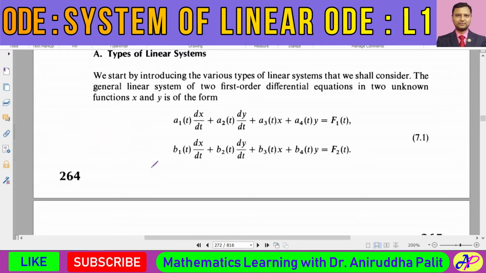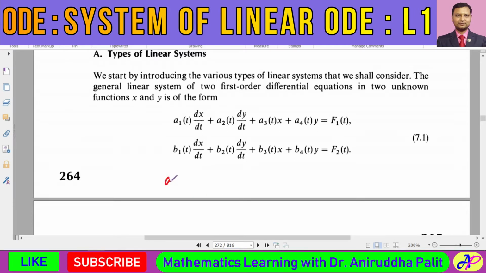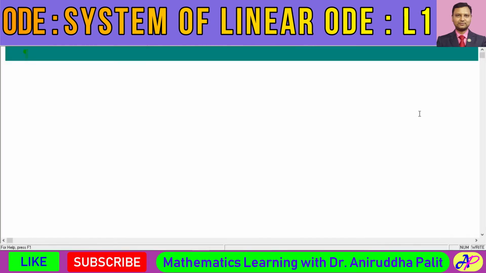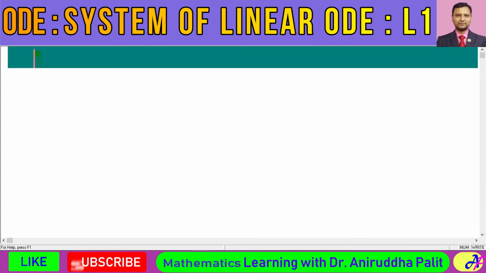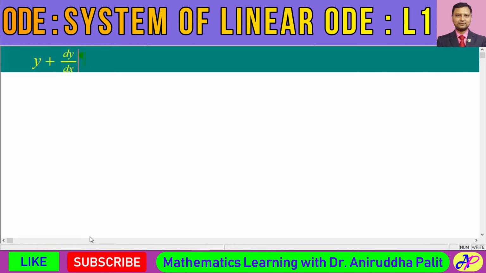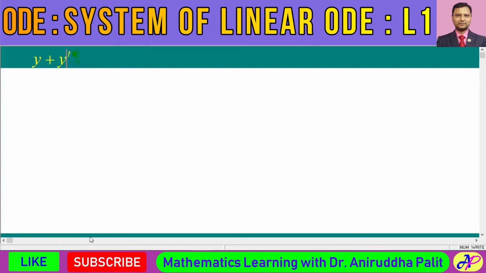Now, if a differential equation is written in this way, let me write it over here, because over here the writing is a bit difficult for me. Hopefully this is clear to you. Suppose we have y plus dy dx, or in brief, we can write it as y prime. dy dx is equal to y prime.